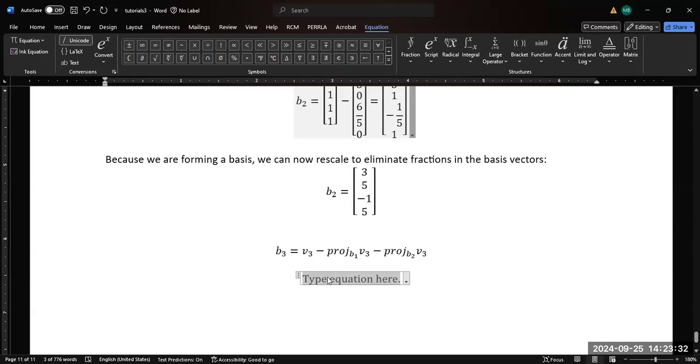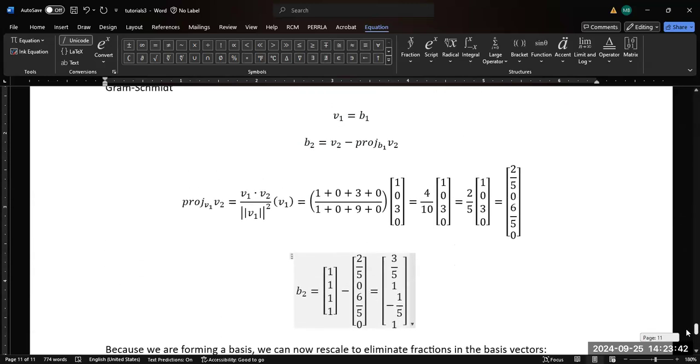So let's start with the projection onto B1 of V3. And again, we'll copy our formula and update our subscripts.